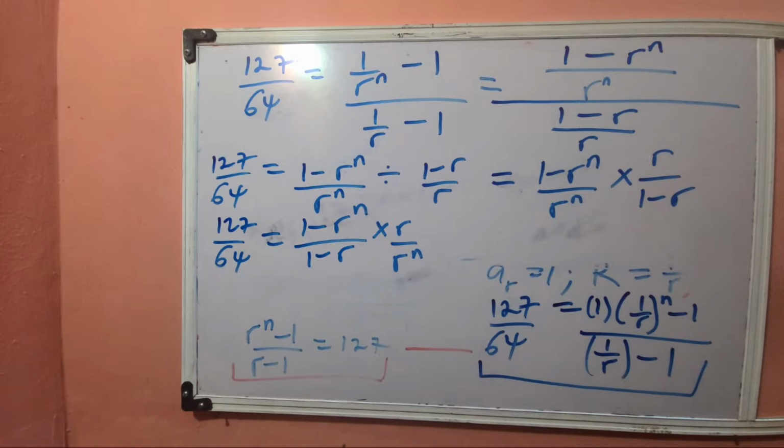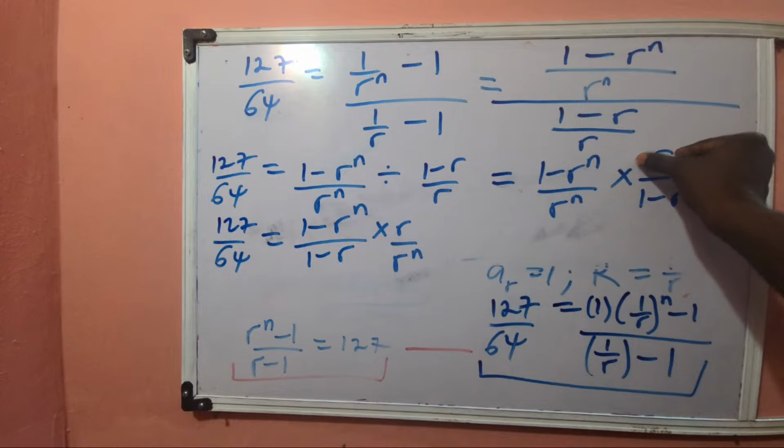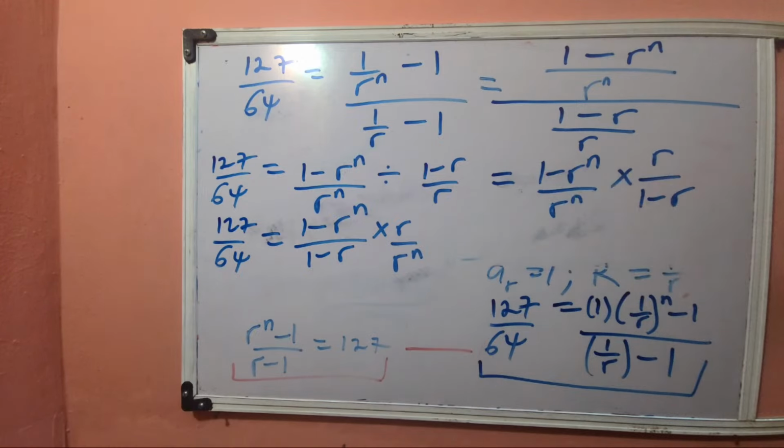I've not done anything other than just rearranging the form, because you can see now that wherever I have, I just put this all over this and this all over this. That's still very much permissible when we're dealing with mathematics, because that's okay.